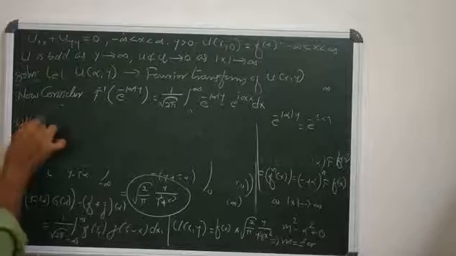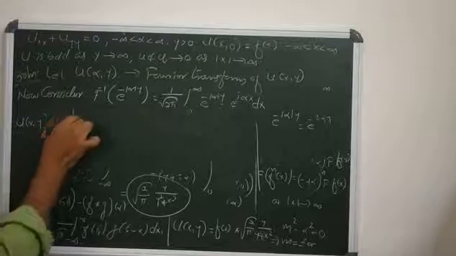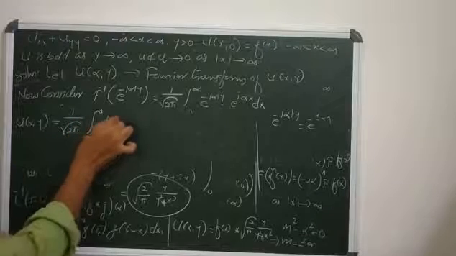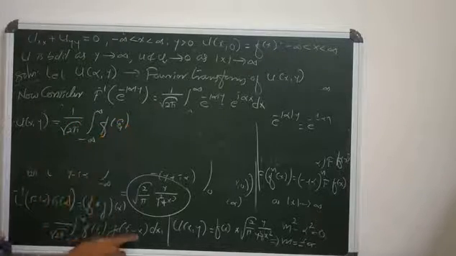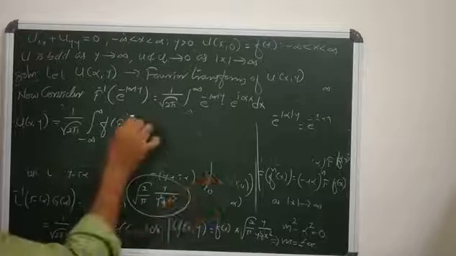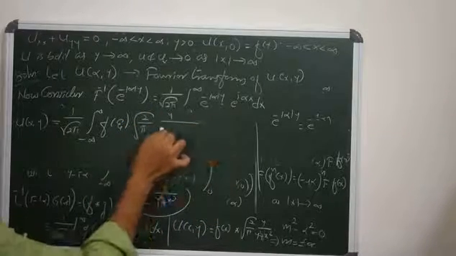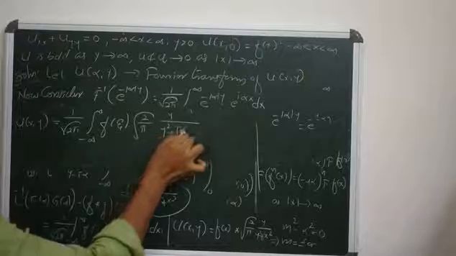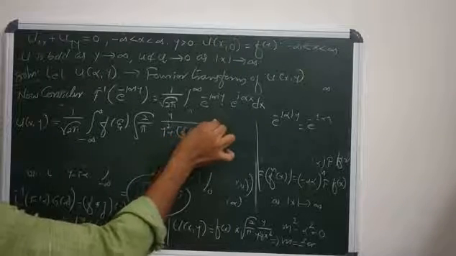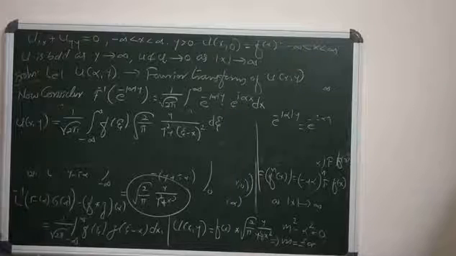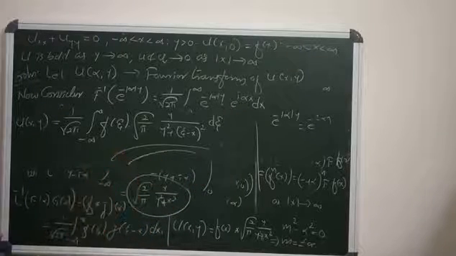Therefore u of x y equals 1 by root 2 pi integral from minus infinity to infinity f of theta into, instead of g, square root of 2 by pi into y by y square plus, instead of x, theta minus x whole square d theta. So this is our required result.